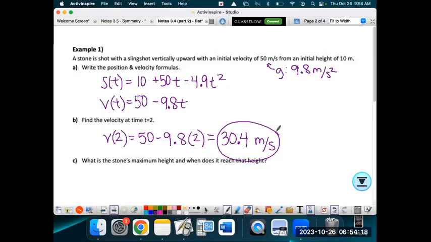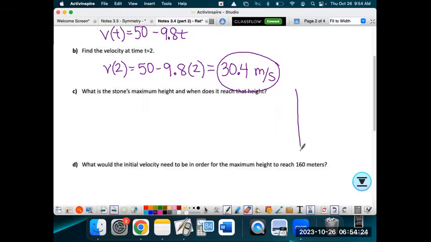Part C, what is the stone's maximum height and when does it reach that height? So at a maximum height, let's just draw a quick graph. Started at 10. I don't know the scaling for my x-axis, so I'll just leave that alone. It's going up, and then it'll come back down to the ground eventually. At my maximum height, I have a horizontal tangent line.